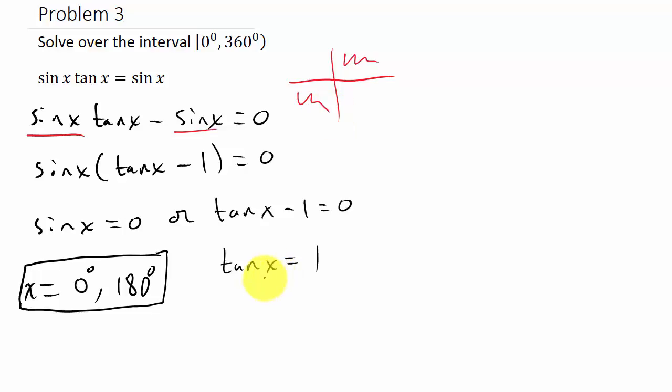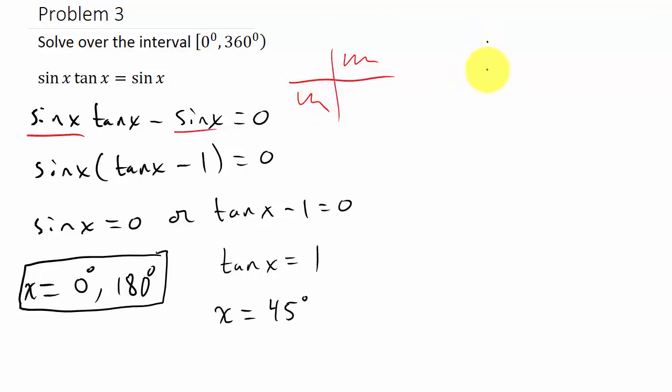Alright, so I've got tangent x equals 1, so tangent x is positive 1. So that tells me my solution is in the first quadrant and the third quadrant. In the first quadrant, that would be 45 degrees. So that's my solution in the first quadrant, and not only that, 45 degrees is also my reference angle. And I'm going to use the reference angle to find my third quadrant angle.